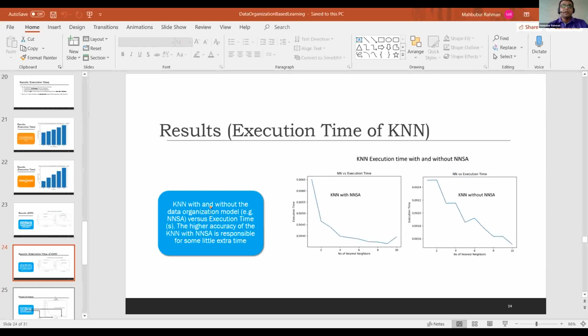For execution time, we have seen that this KNN with the data organization model requires some little extra time for finding the nearest neighbor, and also K nearest neighbor on top of that. That's a comparison of execution time of KNN using the data organization model and just plain KNN.